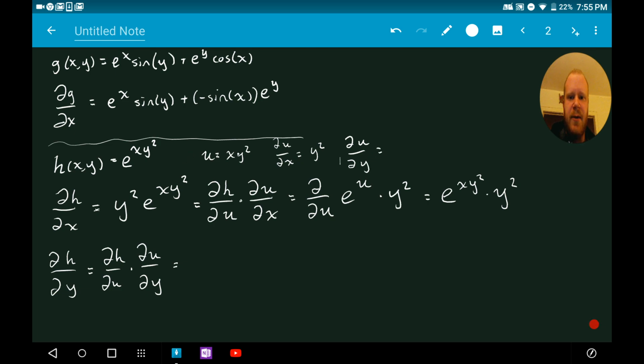Del u del y is going to be x times 2y, or just 2xy, probably an easier way to say that. This is the partial derivative of h with respect to u. That's going to be the same thing, right? We already figured that piece out, e to the xy squared.